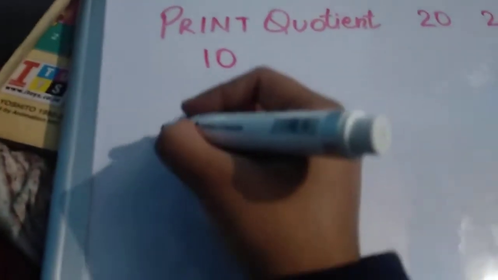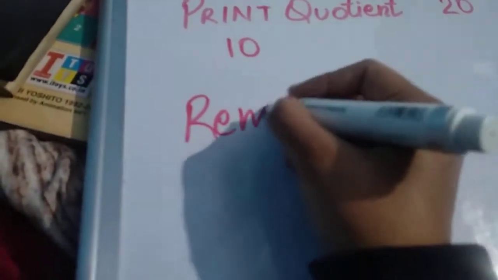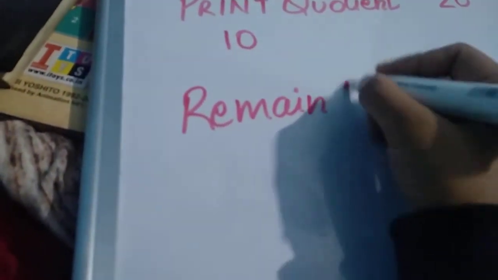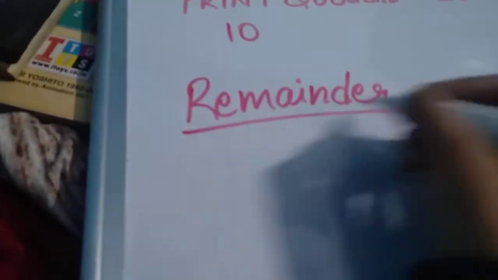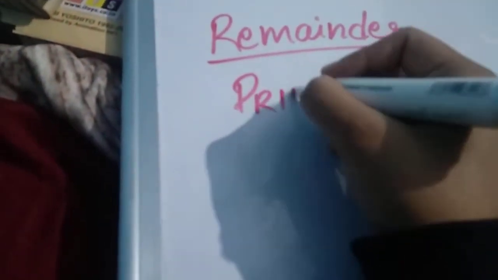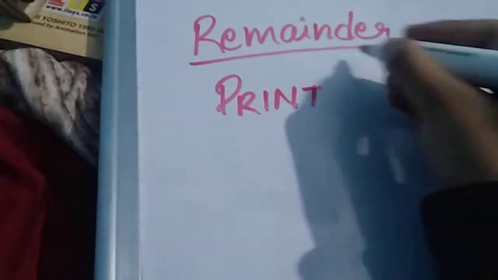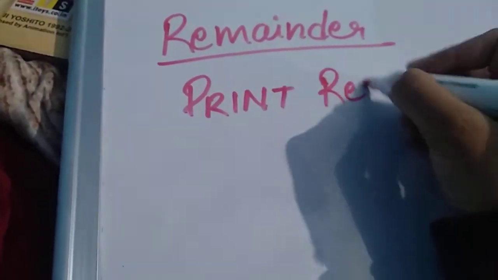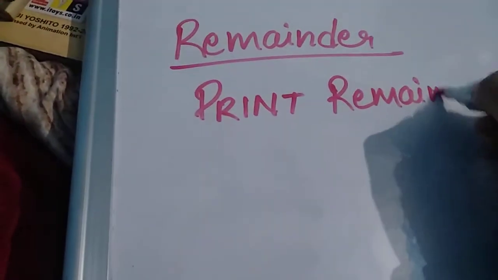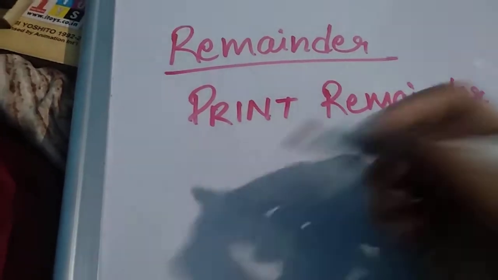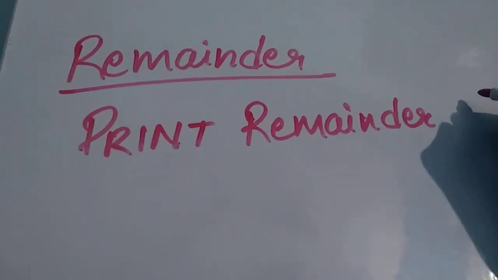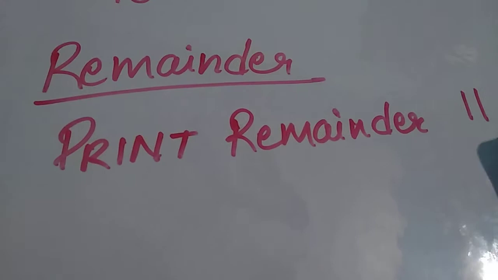Okay, so similarly in remainder, what we have to do is give the print command, print what we need this time, remainder. So we will type remainder, and again we will give two numbers, like 11 and 2.